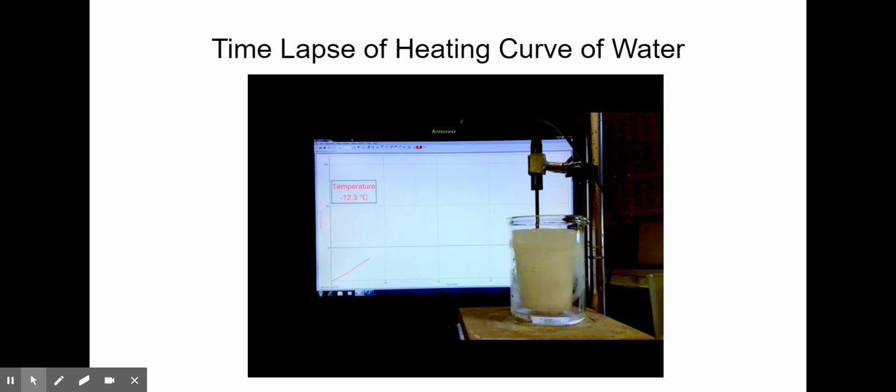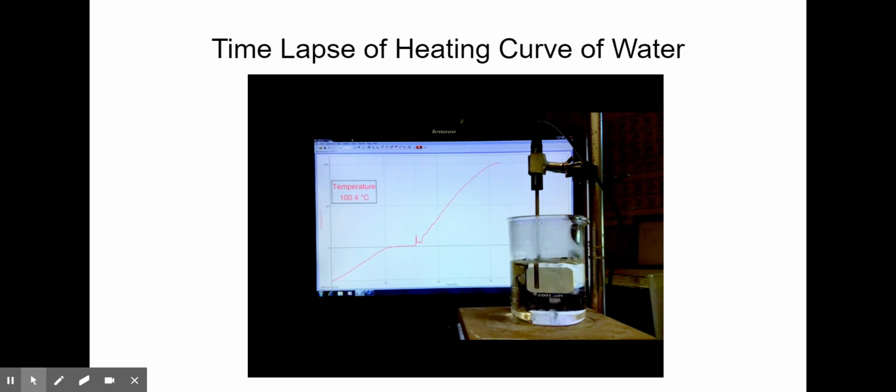You have your solid water or your ice, and you're increasing the temperature. As you're increasing the temperature, you're going from that negative value all the way up to 0. And then all of a sudden it starts to melt. Once the melting is done, your temperature rises all the way up until eventually you're going to get to 100 degrees Celsius.